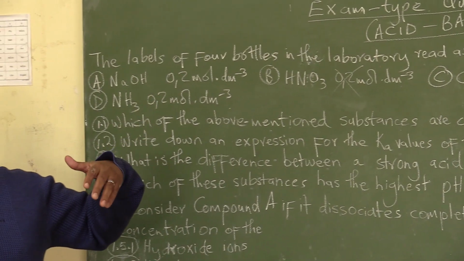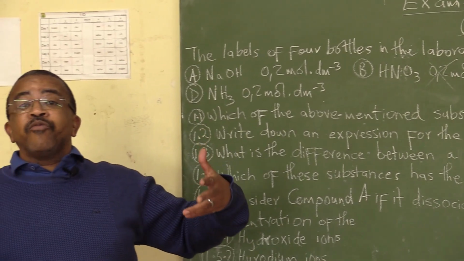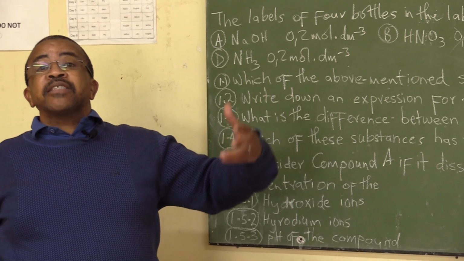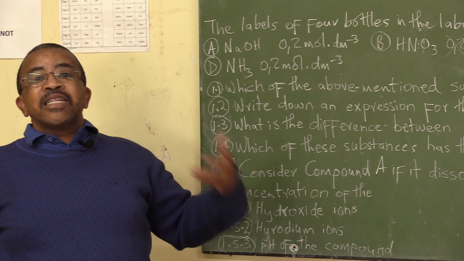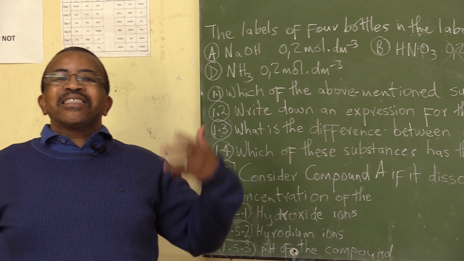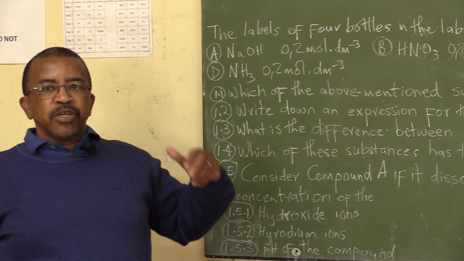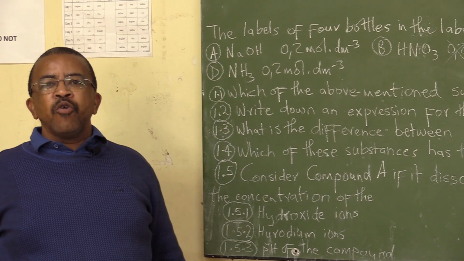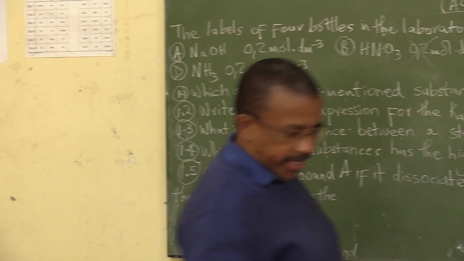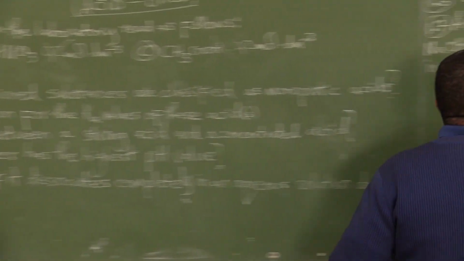It forms OH minus. If OH minus is produced in the solution, then that OH minus increases the pH value, so it becomes more than 7.